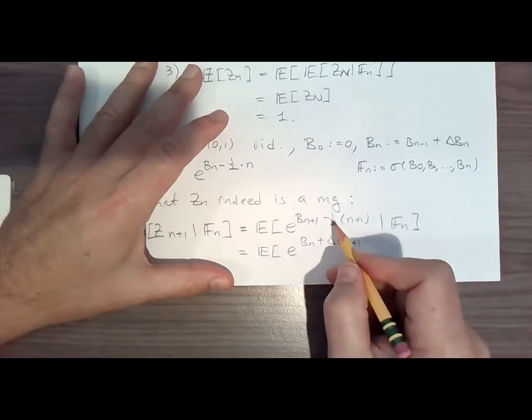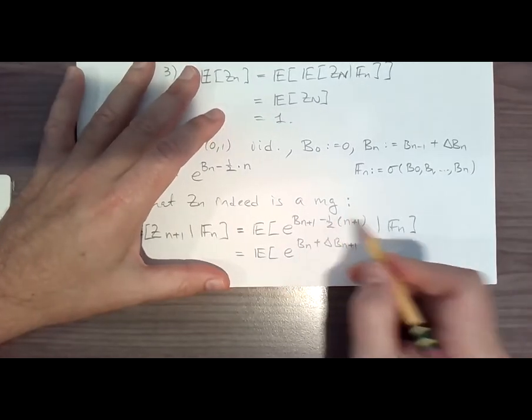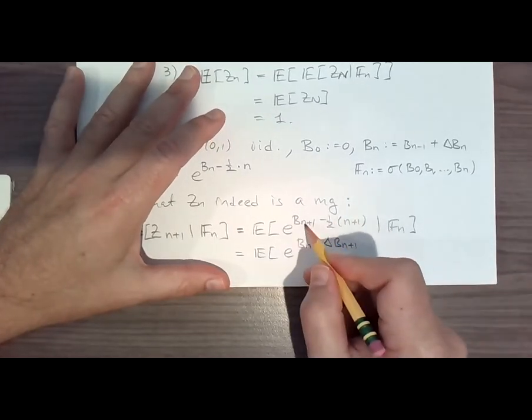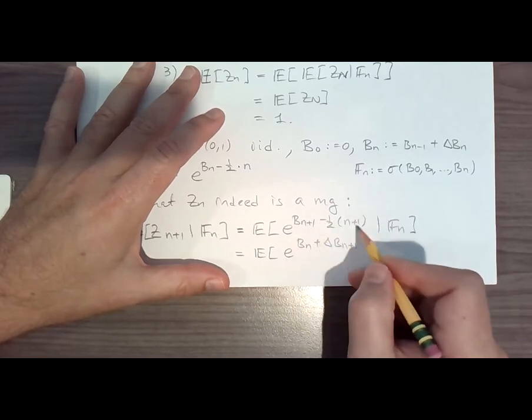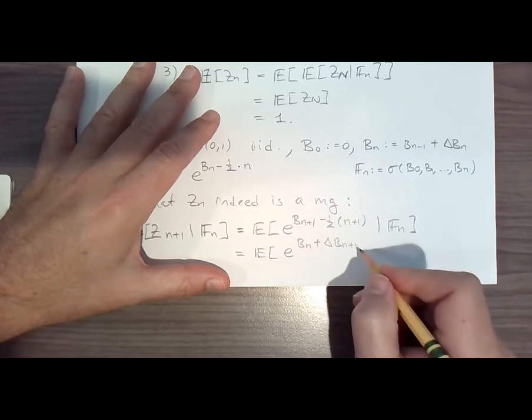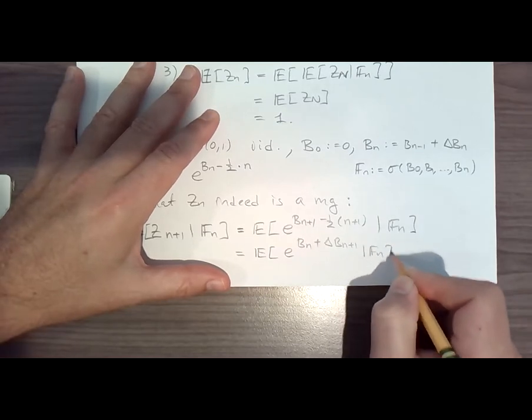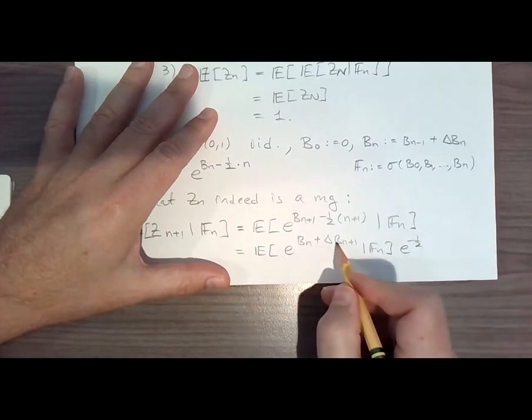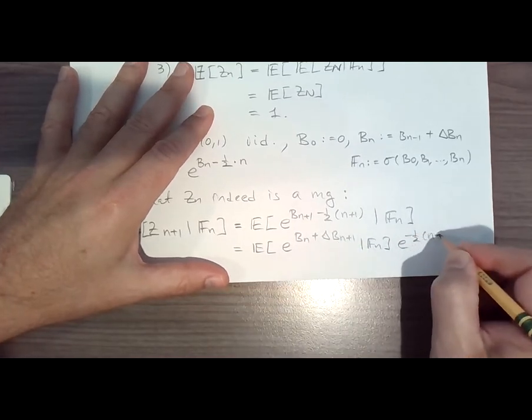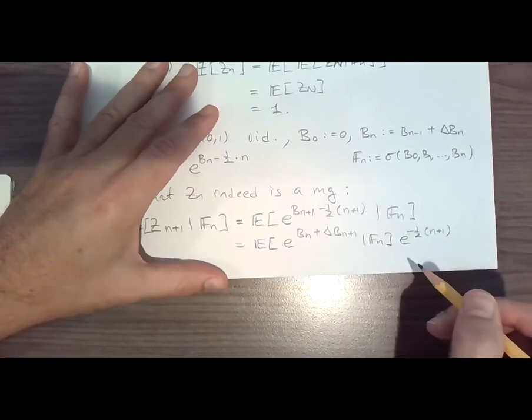The second part here can be moved outside. Exponential of a sum is equal to the product of the exponentials, and this one here has no randomness in it. It can be moved outside. So I start with the expression e to the Bn plus delta Bn plus 1, and then I move the other term outside.